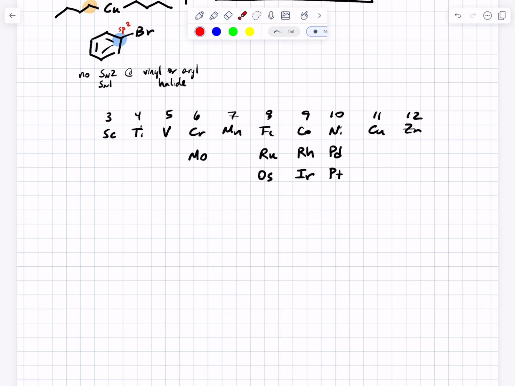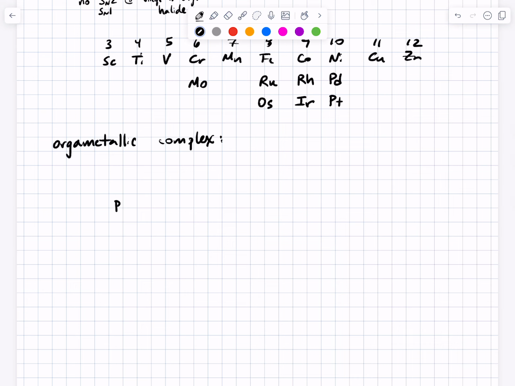All right, let's look at some organometallic complexes, and we're going to introduce the concept of metals versus ligands. An organometallic complex is a complex that has a metal and carbons or other things.